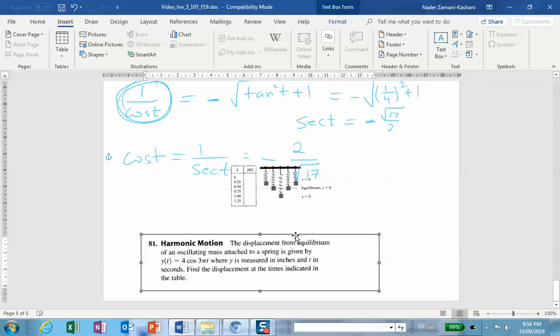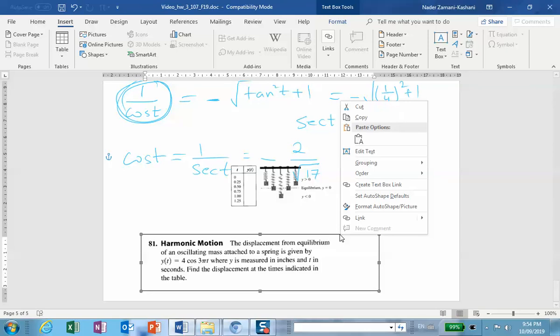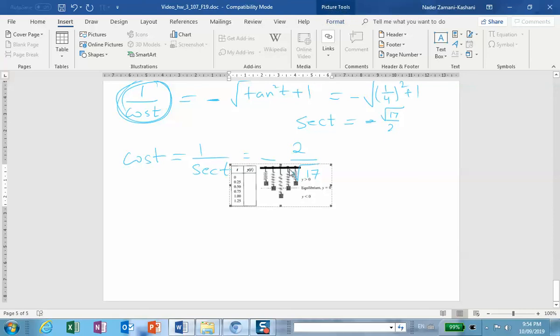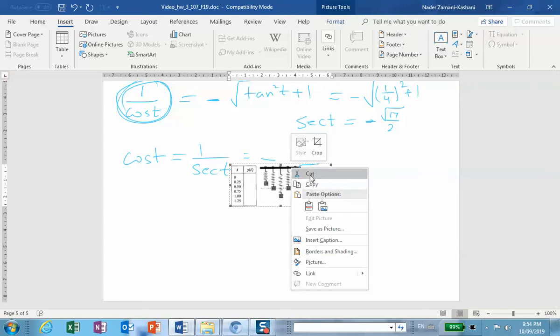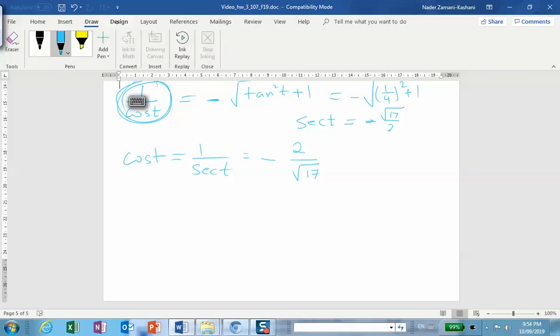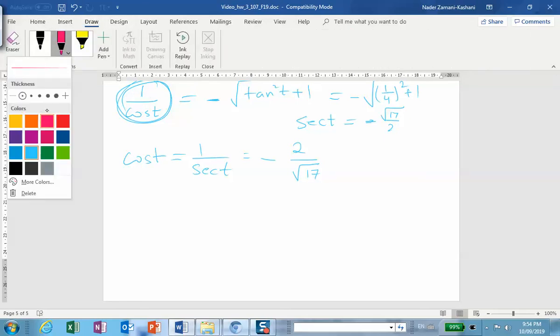Actually, let me delete this. Cut it. Let me cut this too. All right, so now let's find the sine. Let me use a different color.